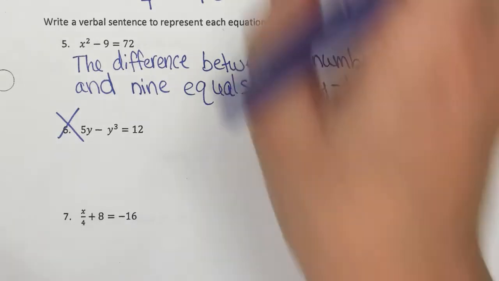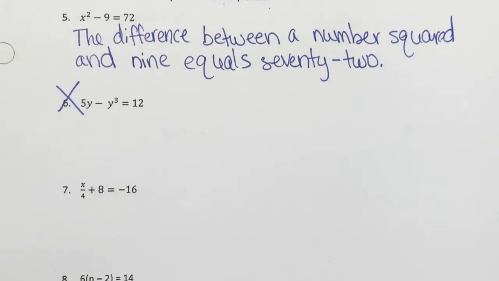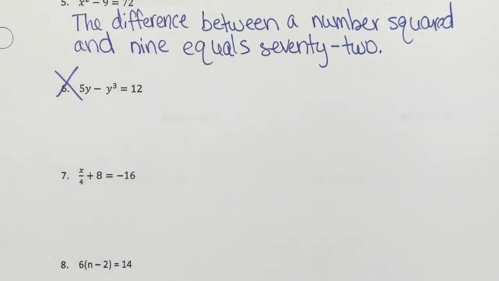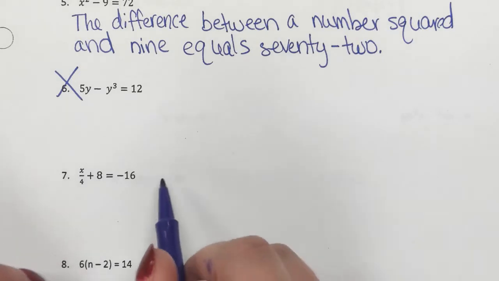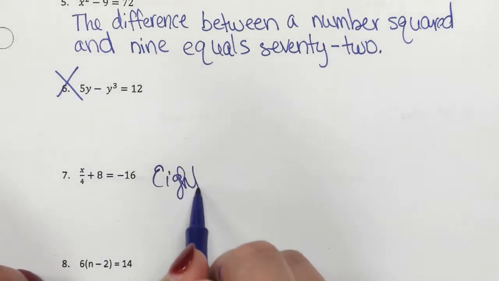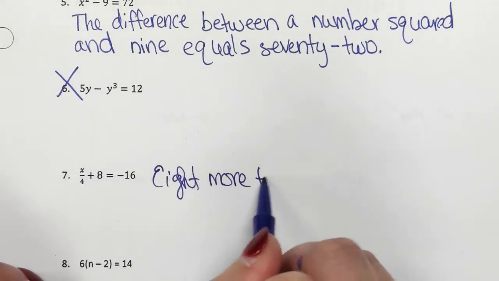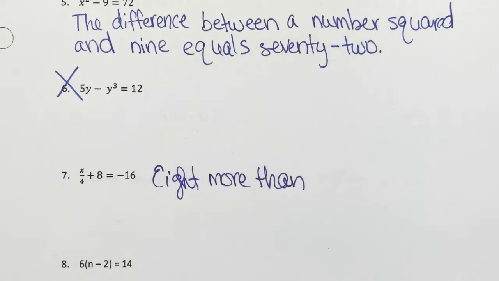All right, here we go, number 7. Number 7, do you see a number from 1 through 4 that I can kind of use to cheat a little bit? Which one? 4, because it has the division, right? So what do you want to start off saying on this one? 8 more than what?